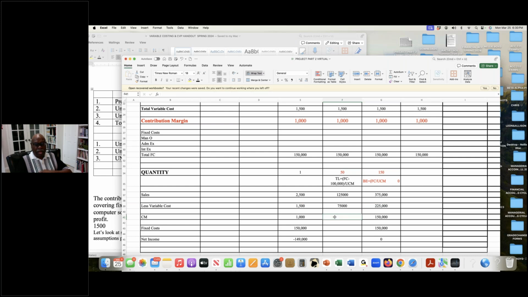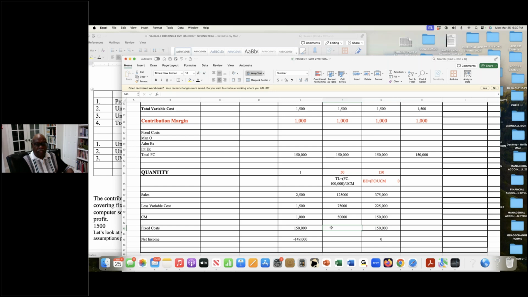Then to get the contribution margin, we take the sales and subtract the variable costs. Our contribution margin is 50,000.